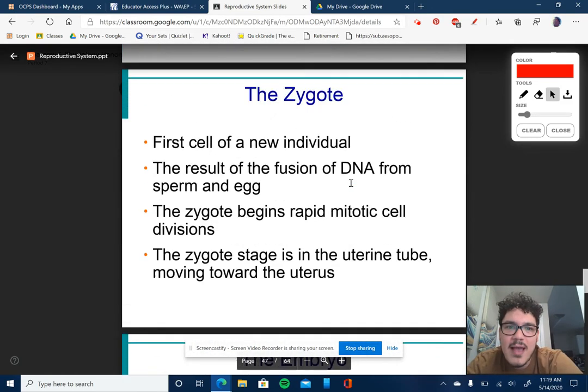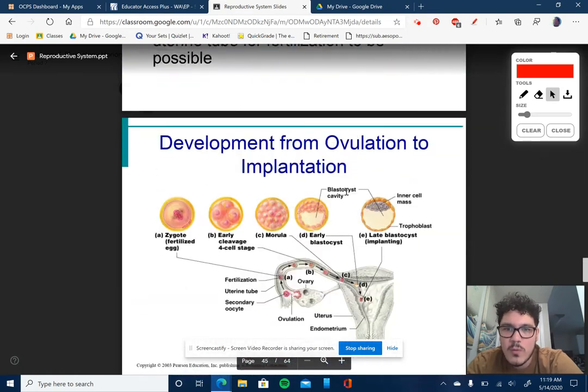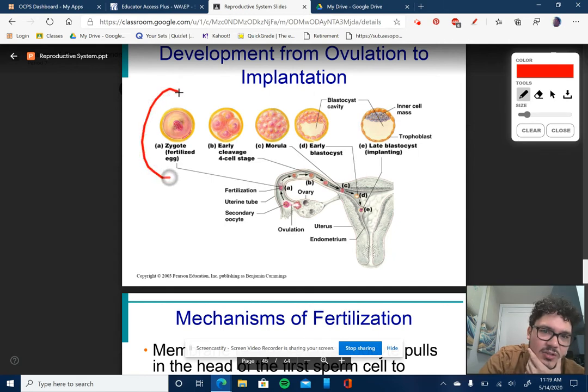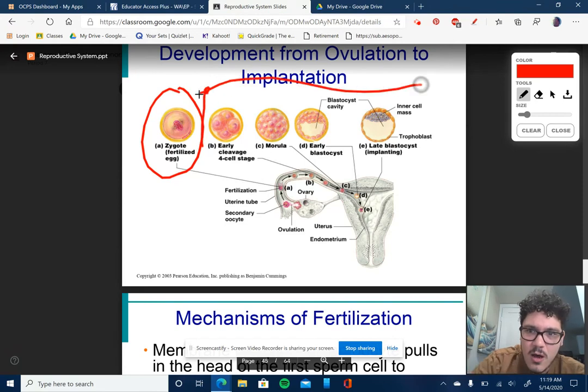So just going back up here a little bit to see what we were mentioning. Again, this shows us the different stages of what we consider to be life, right? Once again, we always start with the zygote stage, so just be aware of that. From the zygote stage, it's going to move into this whole area here. All of this is going to be the embryo.